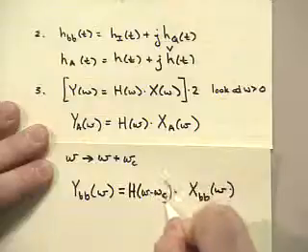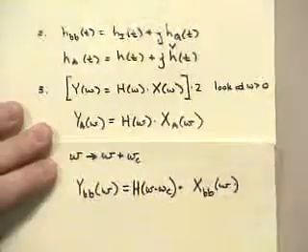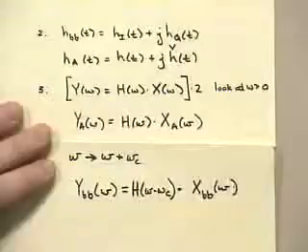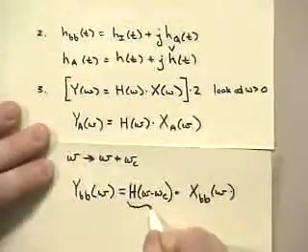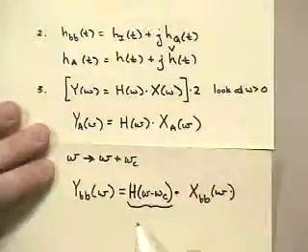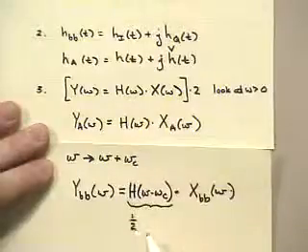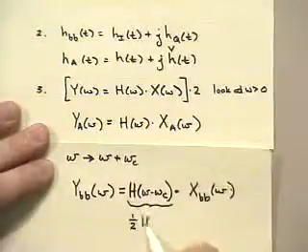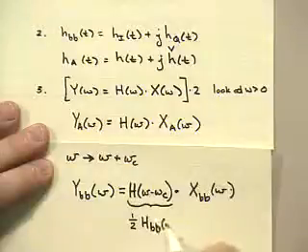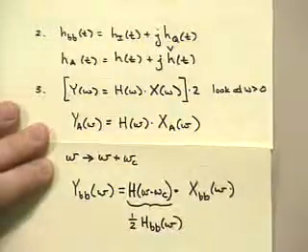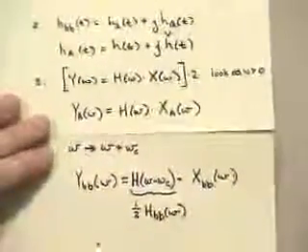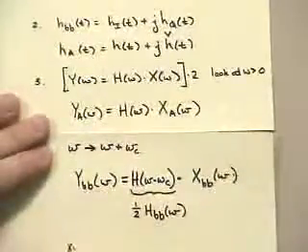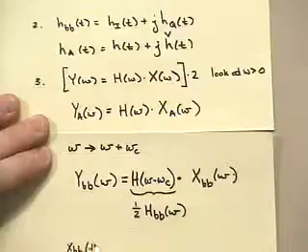But what happens in the middle is I get H of omega minus omega c for that transfer function, because I've just translated the frequency axis. And this here is 1/2 of H_BB of omega.